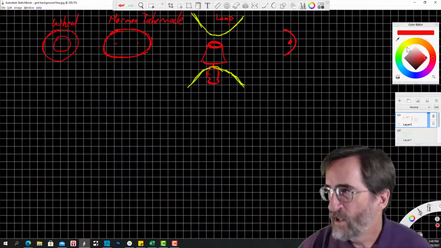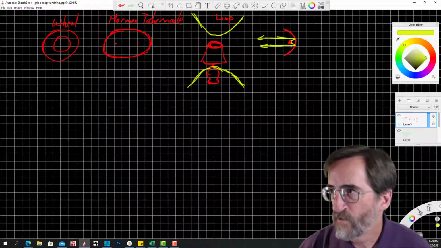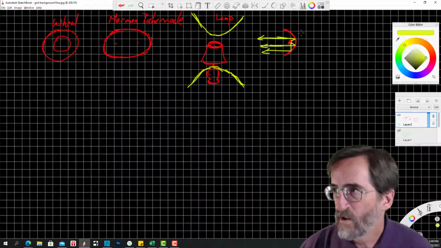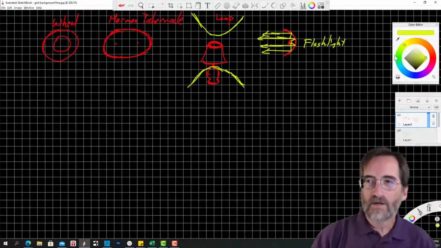Especially when you put the high beams on, any rays leaving the focal point will exit parallel. So a mirror reflector on a flashlight probably is a good example of a parabola in real life.